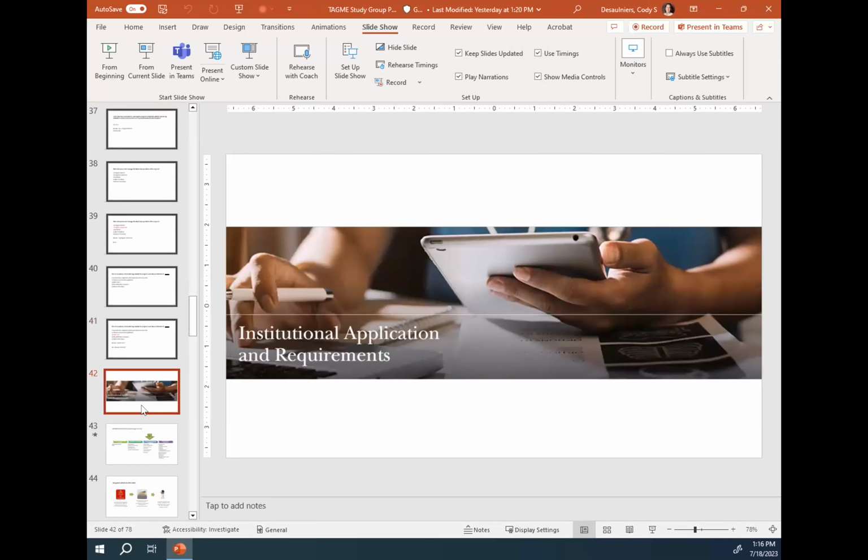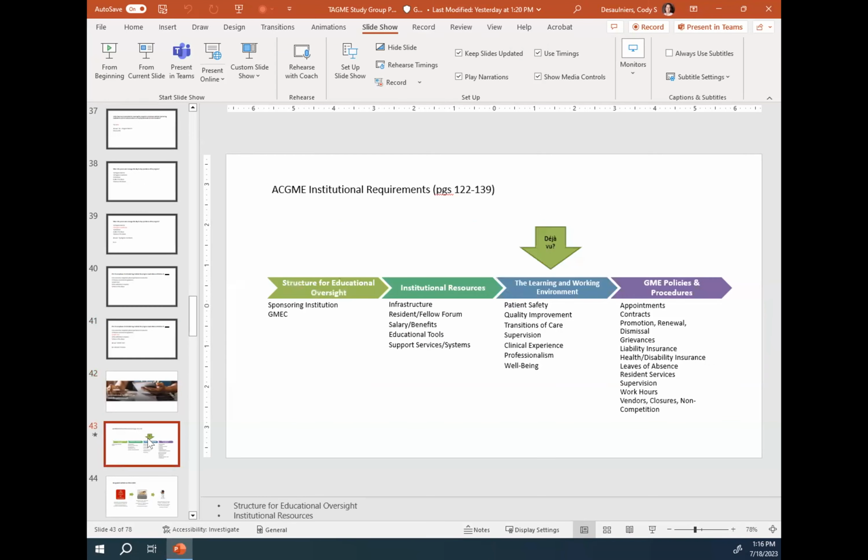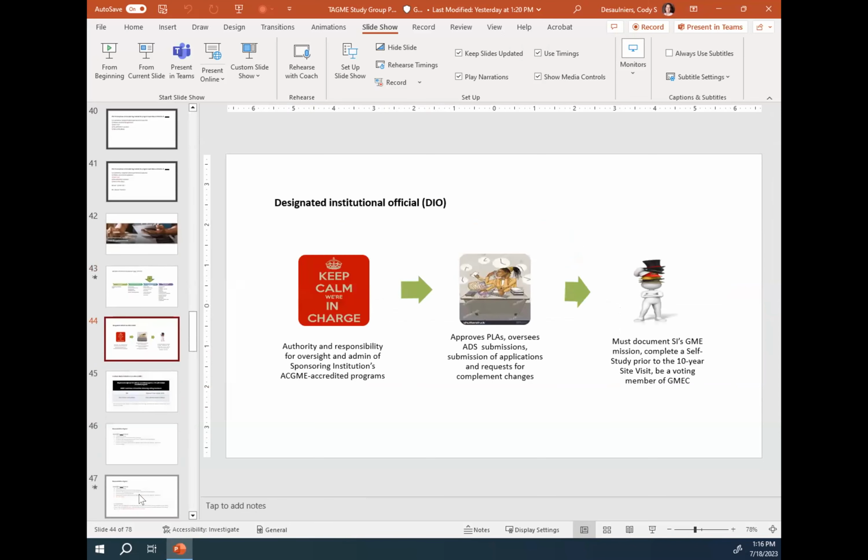Okay, next, we're going to institutional application and requirements. I'm not going to go over all this again. It's just the summary of all that. This just talks about the DIO. They have the authority and responsibility for oversight and administration of the sponsoring institution, ACGME accredited programs.